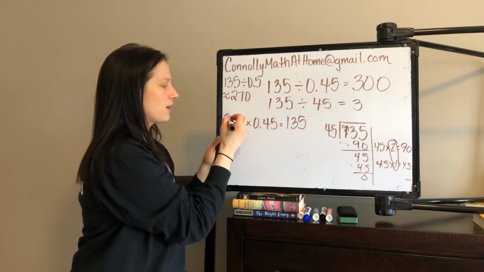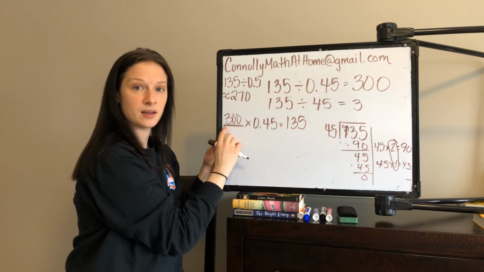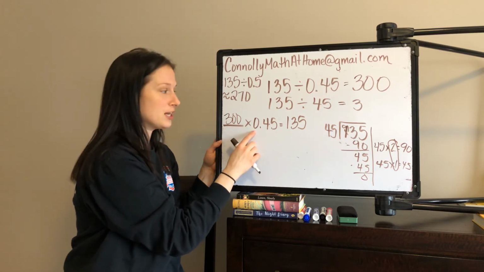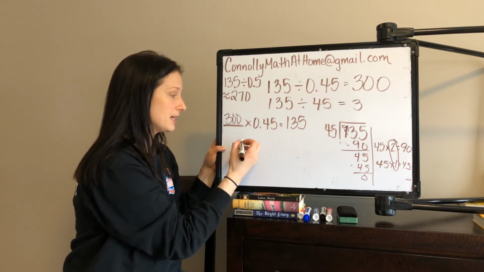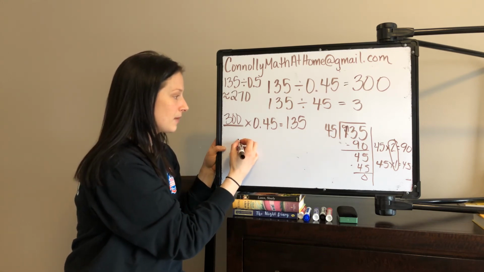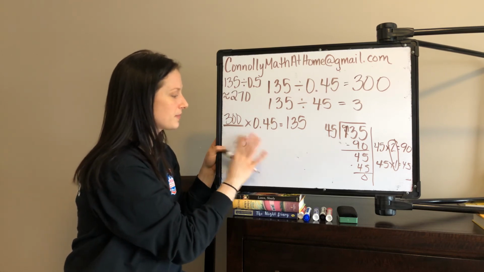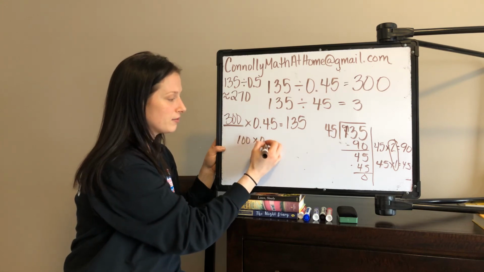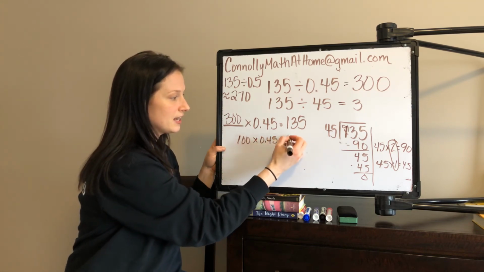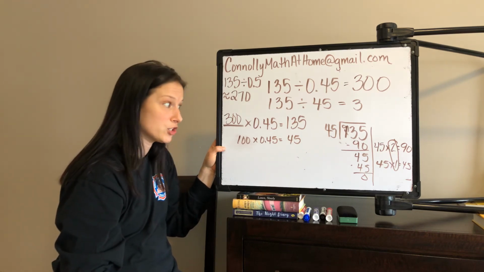Next thing, I want to make sure that my multiplication situation works out correctly. So I'm going to think about it like this. So what I'm going to think about is I know 100 groups of 45 hundredths is 45, because it's 4,500 hundredths.